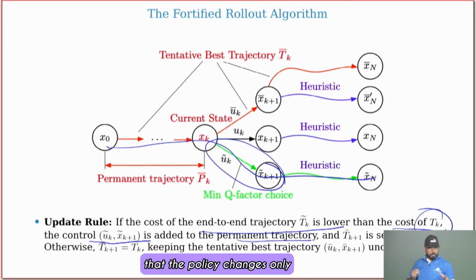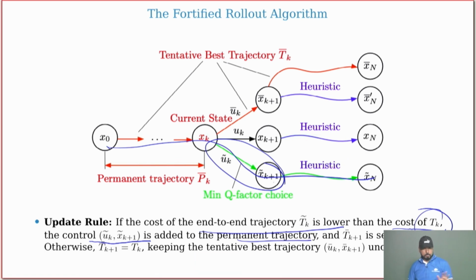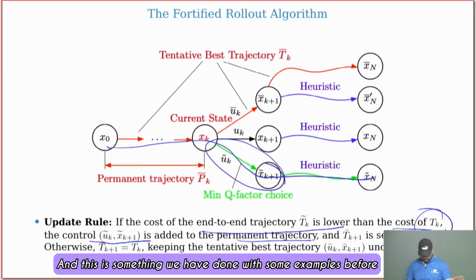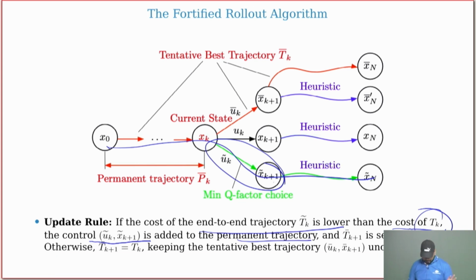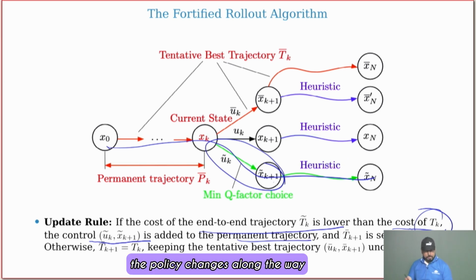Okay, so basically the rollout algorithm, if it is done in a way that the policy changes only if you look at the end-to-end trajectory, then no issue can arise. And this is something we have done with some examples before, where even if, let's say, the policy changes along the way, if the total cost remains minimum, that is what we are looking for.